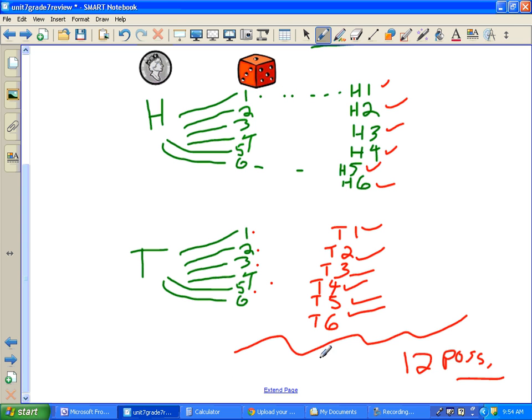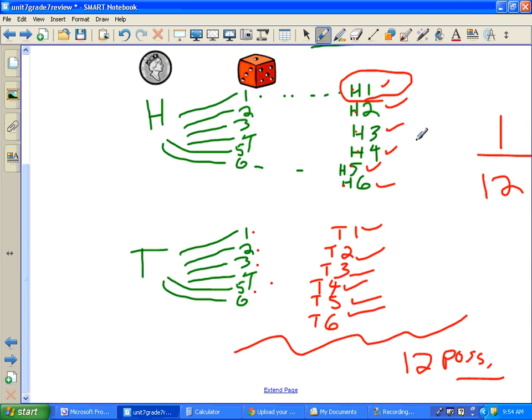So you can calculate what your chances are of getting a head. Well, it's going to be 6 out of 12. What are my chances of getting a head and a 1? Well, this is the only one that's a head and a 1, so that would be 1 chance out of 12.